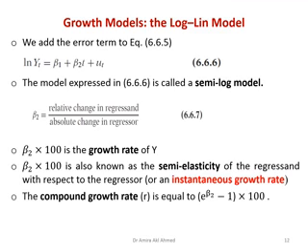In practice, we multiply the slope coefficient by 100 to compute the growth rate. Note that the outcome of multiplying the slope coefficient by 100 is also known as the semi-elasticity of the regressant with respect to the regressor.